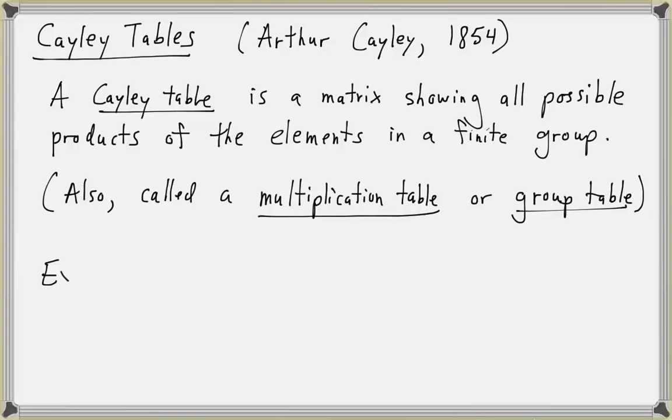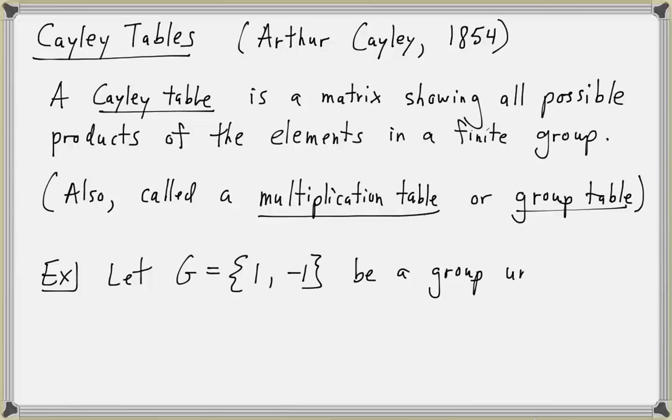Let's give a simple example of a Cayley table. Let G be the group with two elements, 1 and -1, under multiplication. So then the Cayley table for this group, you would write the elements in a row on top and in a column to the left.